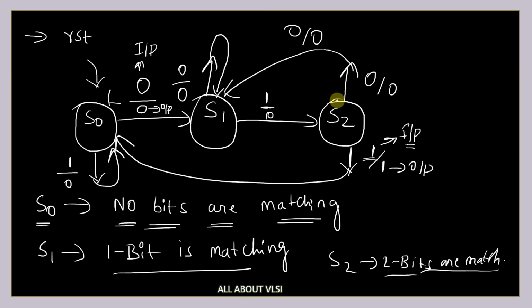Yeah. So the condition over here is, if you are in S2 state and if your input is equal to 1, then only you need to make your output as 1. But if you are in S2 state and your input is equal to 0, your output is 0 only. Your answer is in your question only.